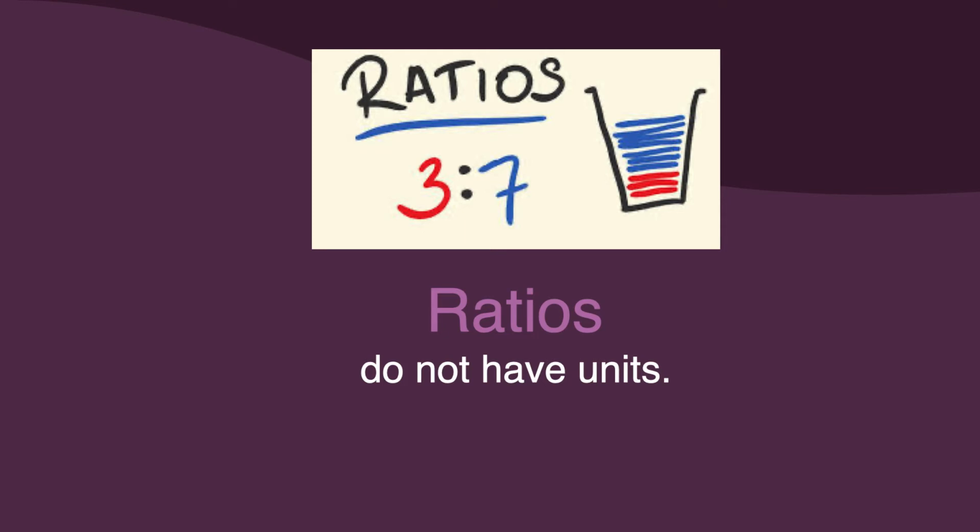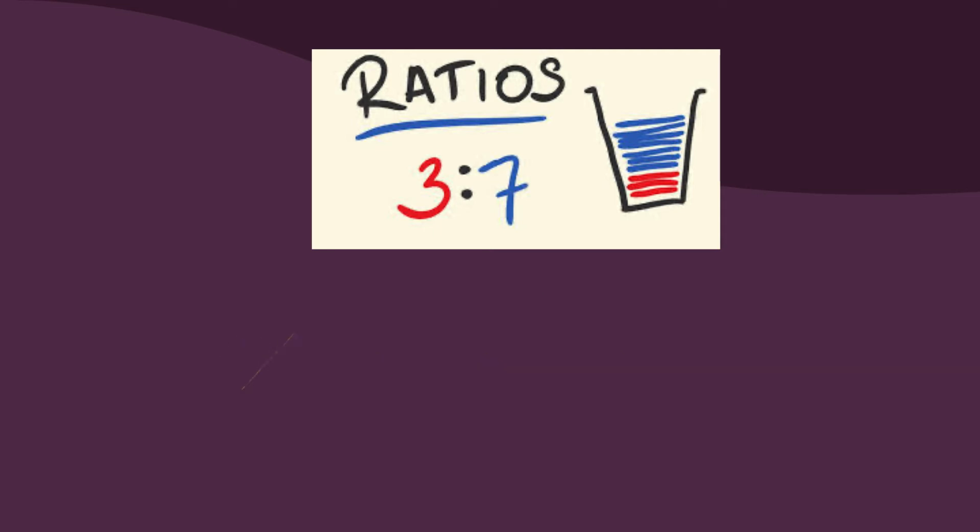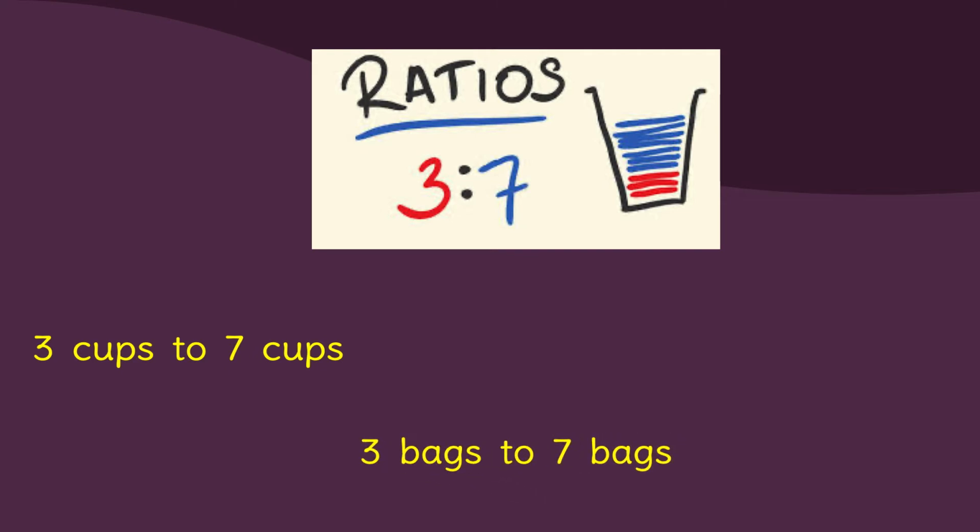Also note that ratios do not have units. This is because the proportions are fixed, so the ratios work for any unit. 3 cups to 7 cups, 3 bags to 7 bags, 3 tons to 7 tons.